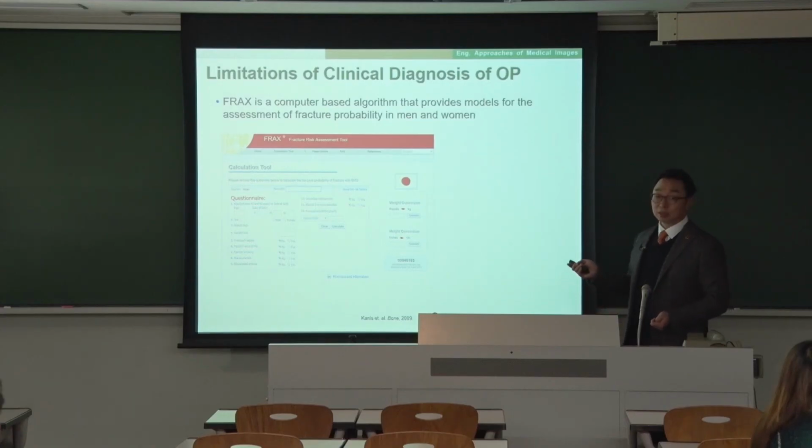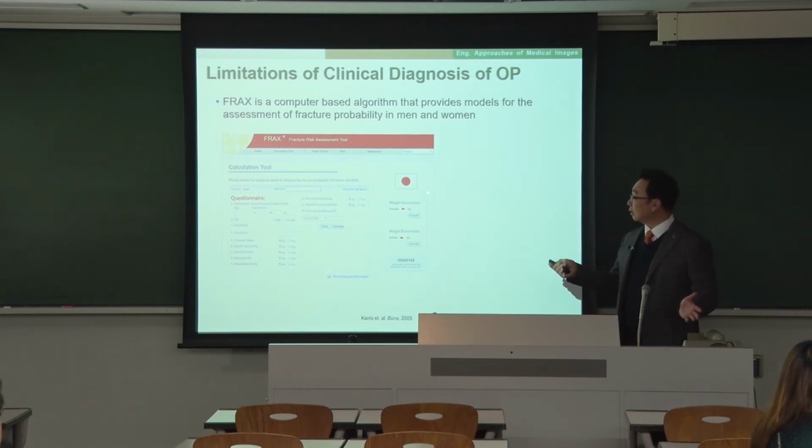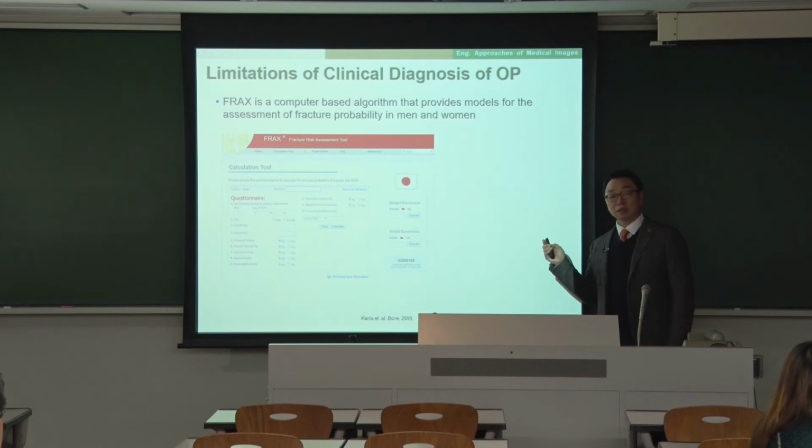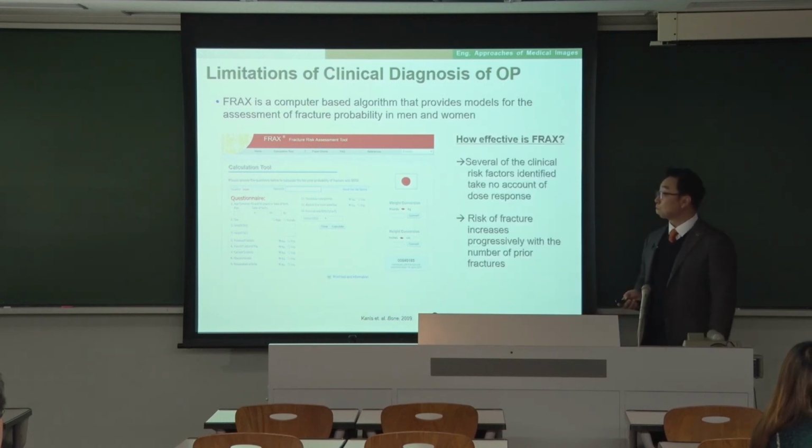In some sense, we believe that this is insulting to engineers. We're in the 21st century, and this is free software that we probably need just a 386 computer to run. Very simple. But is it really important? Can we trust this software? Well, my personal opinion is no, absolutely not. We cannot predict the fracture.